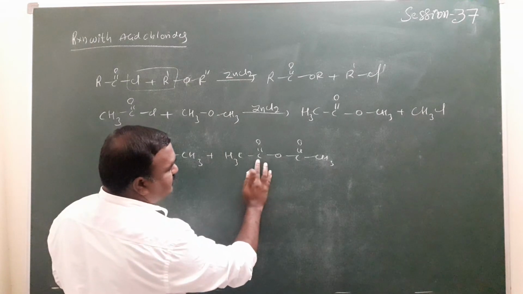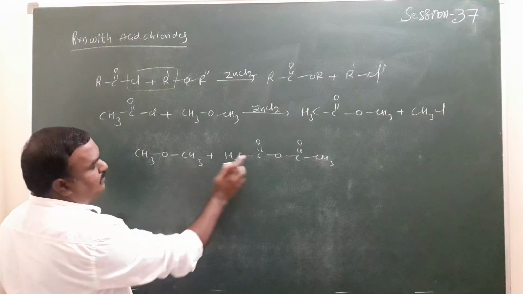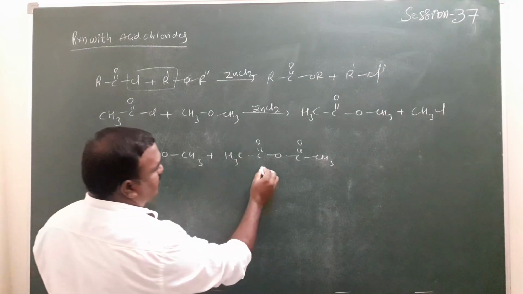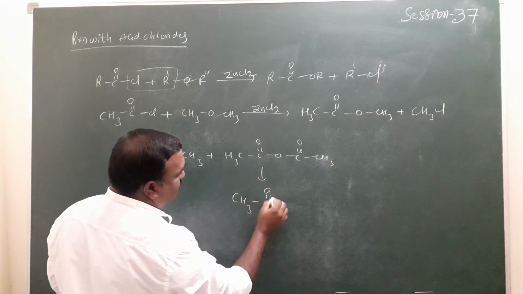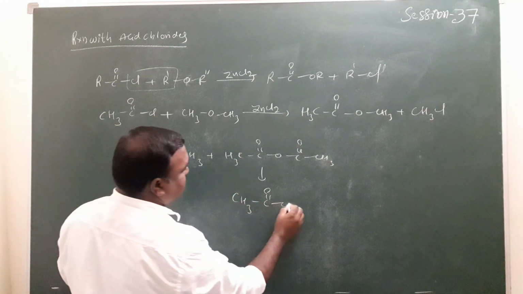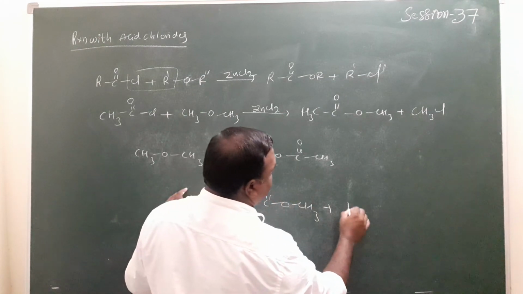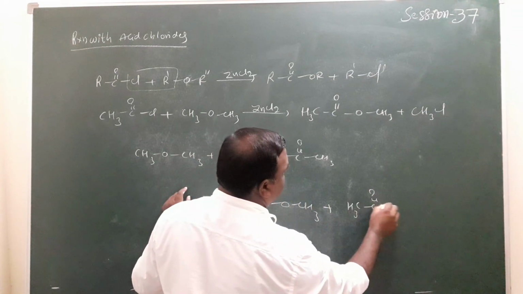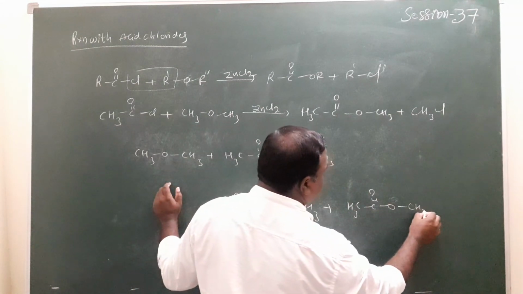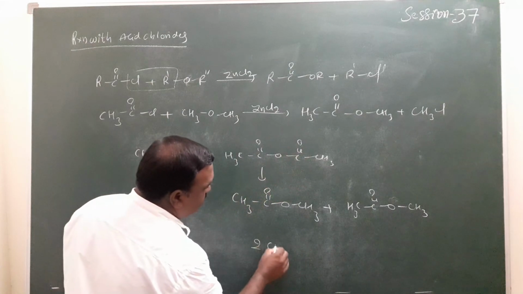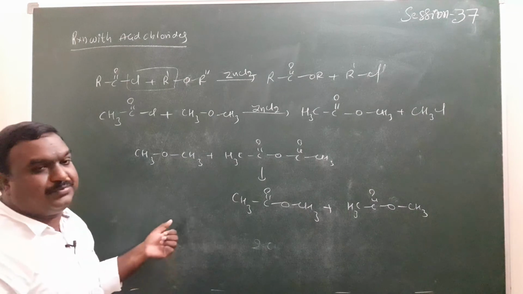Here bond cleavage is possible, giving CH3C=O plus a negative part. So CH3C=O plus O minus CH3, and CH3C=O O minus plus CH3. Nothing but 2 moles of ester are formed here.